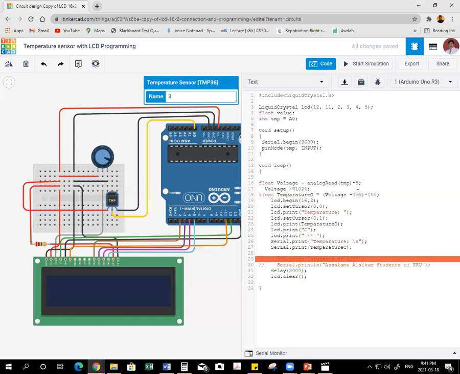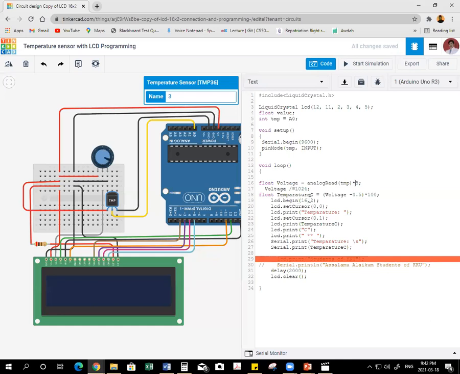Generally they assume that 5.5 volts is given from the Arduino or from another supply, so by default we have to subtract this 0.5. Now multiply by 100, because it is in volts and we are converting this float value with 100. So this equation is given from the data sheet of the company who manufactures the temperature sensor. We are getting it from their equation.